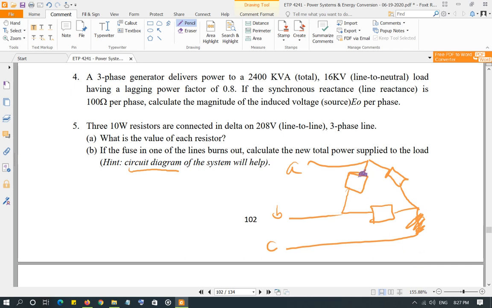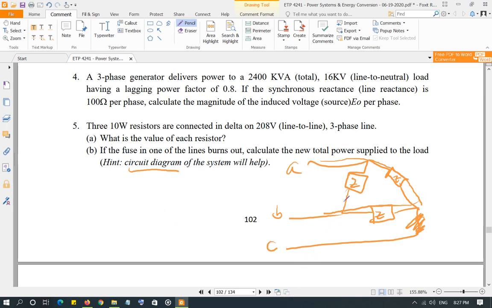So how are the loads connected now? This load Z is connected between A and B, and now you have two more loads, these two Z's, which will appear in series between A and B. The current is going to enter here, and since this line is burned out, it cannot go here, it's going to come here.